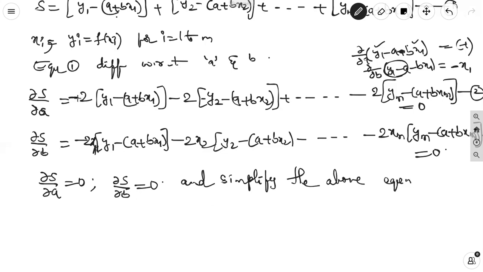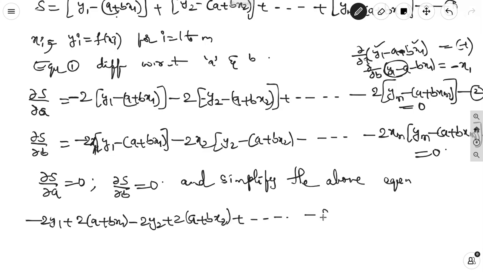Then minus 2y1 plus 2 into a plus bx1, minus 2y2 plus 2 into a plus bx2, plus so on, minus 2ym plus 2 into a plus bxm is equal to 0.